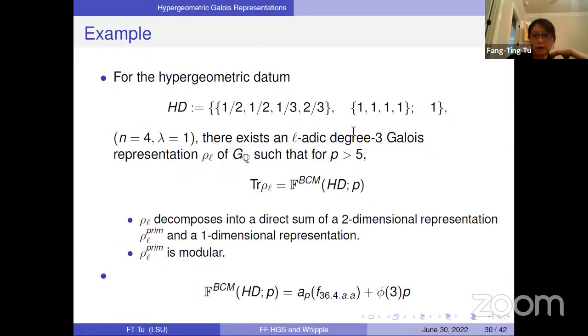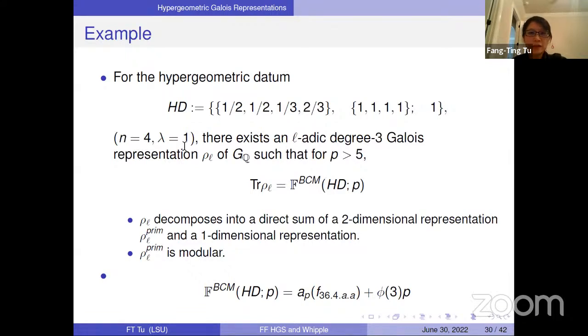the example came from our Calabi-Yau threefold case. So if we consider the hypergeometric data alpha equal to 1/2, 1/2, 1/3, 2/3, and beta is 1. In this case, the length is n equal to 4, lambda equal to 1, so it's a degenerate case.